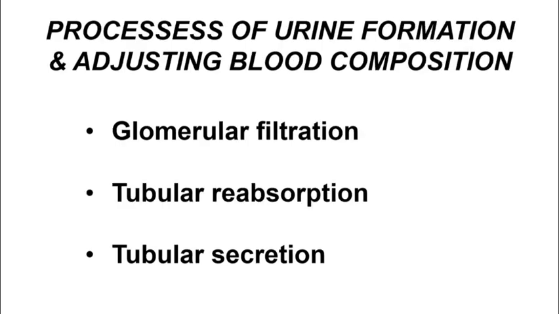The three processes that we're going to be taking a look at deal with the formation of urine and adjusting blood composition. So we'll be talking about glomerular filtration, and then the processing of that filtrate that's formed by glomerular filtration. In one of two processes, the processing is called tubular reabsorption.